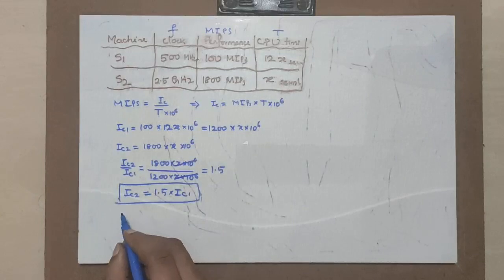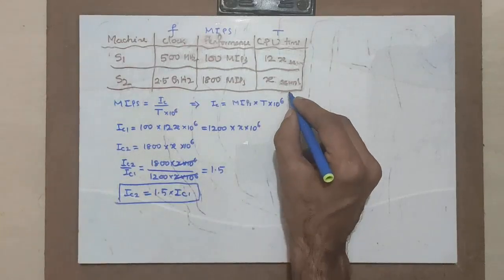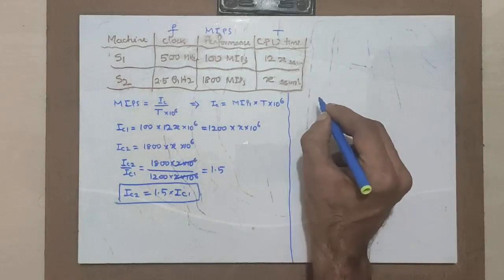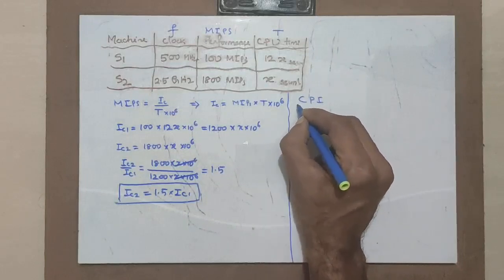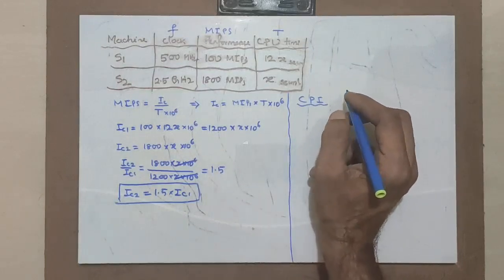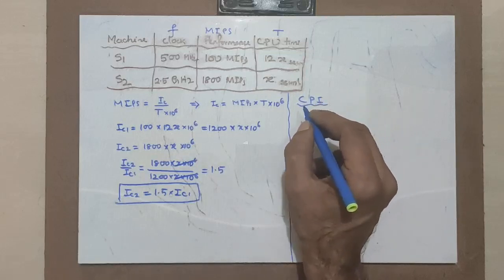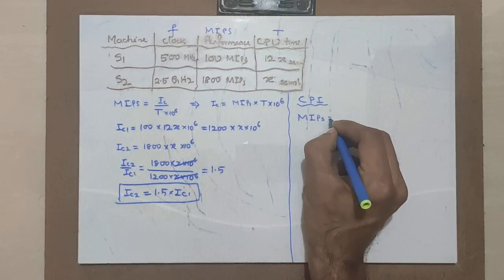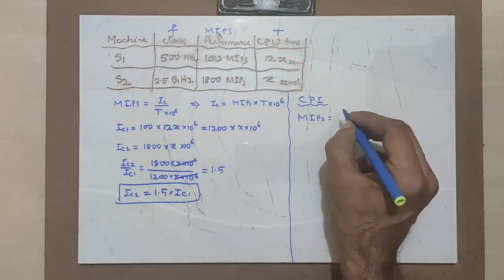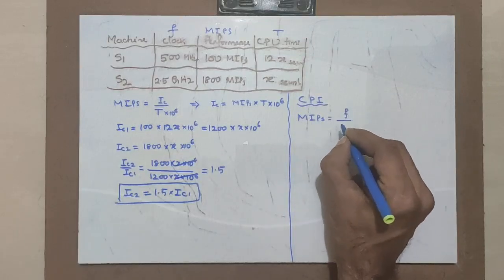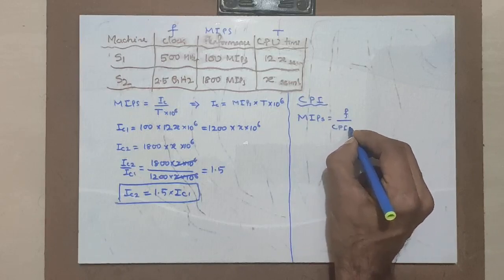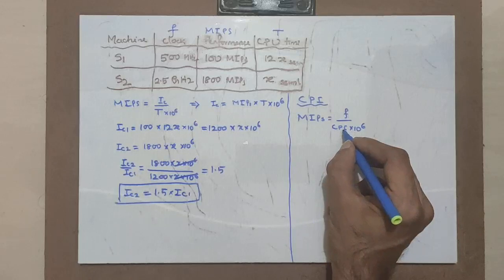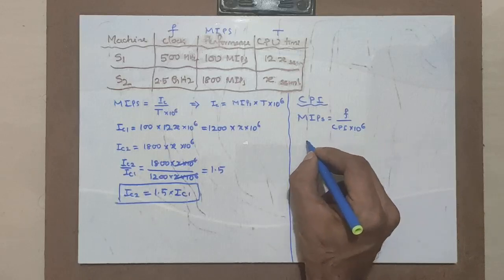Cycles per instruction, CPI. Now you know that there is one formula given in the previous slide. MIPS rate is given by F divided by cycles per instruction into 10 raised to 6. I want to know cycles per instruction, isn't it?